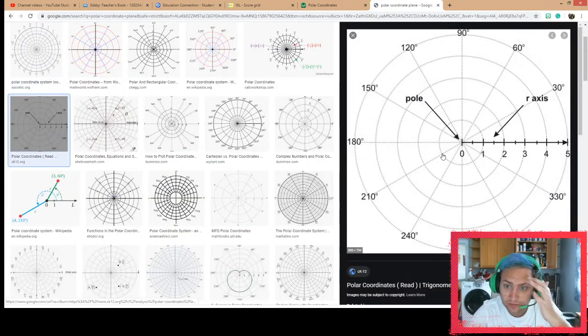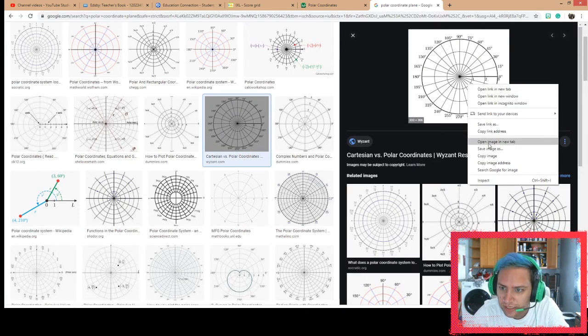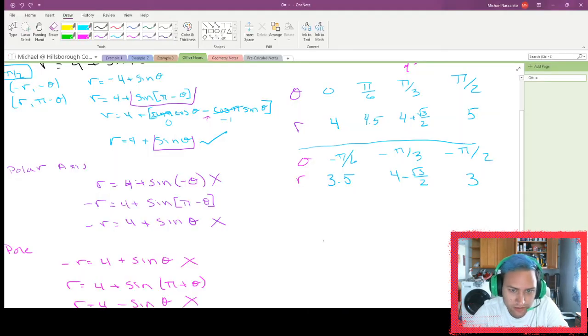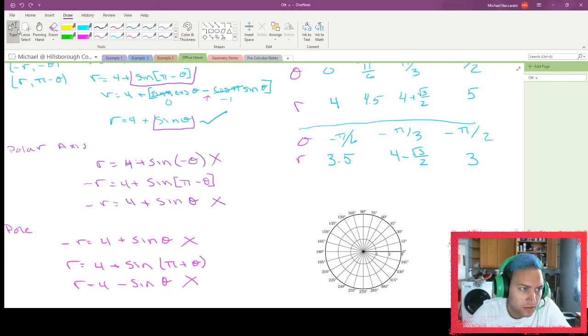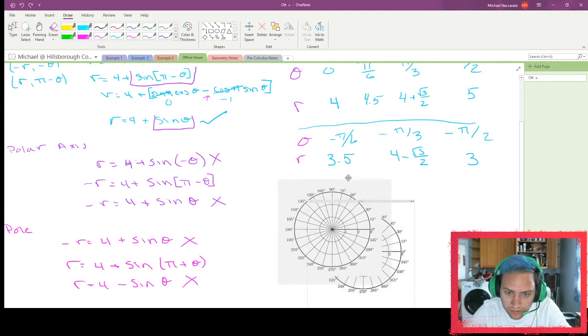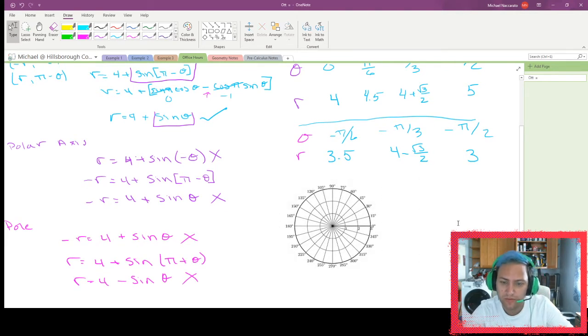We'll use this one. That one's got stuff all over it. I don't want stuff all over it. I want just a nice pretty one. Copy image. Done. Paste image. Okay. It's not going to let me make it bigger.